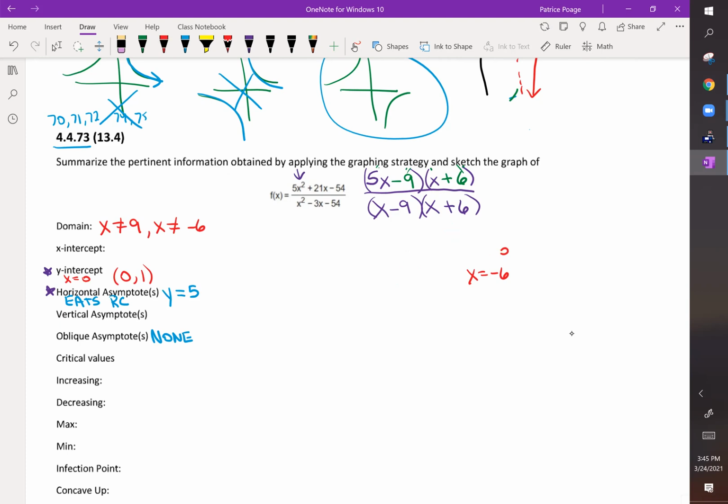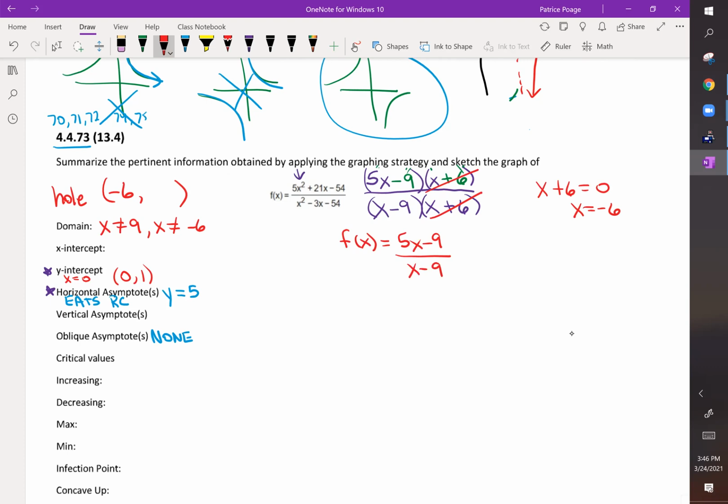Once we factor, we want to cancel. Whatever we cancel is going to be a hole. So even though it didn't ask for a hole, we're going to give it one. So wherever x plus 6 equals 0, there's going to be a hole there. So we have a hole at -6, something. And our simplified version of this function is now 5x minus 9 over x minus 9.